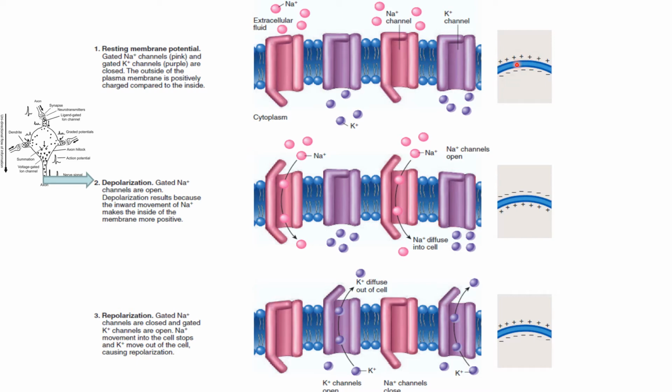So before going to positive, it has to go to zero charge. The charges become equal outside and inside because of the entry of sodium. This stage is called depolarization. So depolarization occurs due to the entry of sodium ions into the cell.